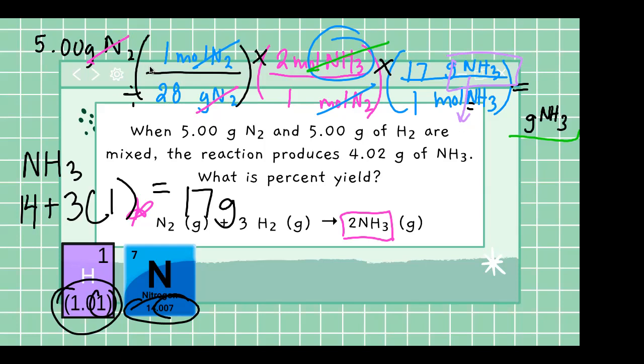To make it less of a chance for error, you can do 5 divided by 28 and then press enter, and then whatever the answer is, times it by 2, and then times that answer by 17, rather than having a long string of things on the calculator, especially with a long problem like this. Does that help answer your question?